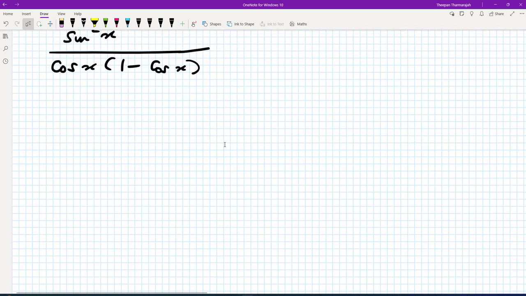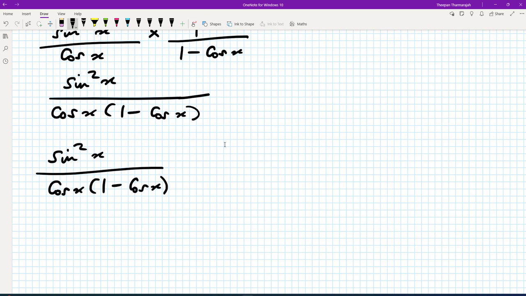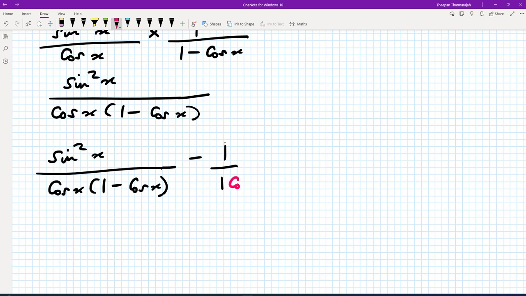So I'm going to write what we have. So we get sine squared x over cos x times 1 minus cos x. And now we're going to subtract 1. But this is 1 over 1. We need to make the denominators exactly the same. So I'm going to times the denominator by cos x times 1 minus cos x. The same thing here, cos x times 1 minus cos x.